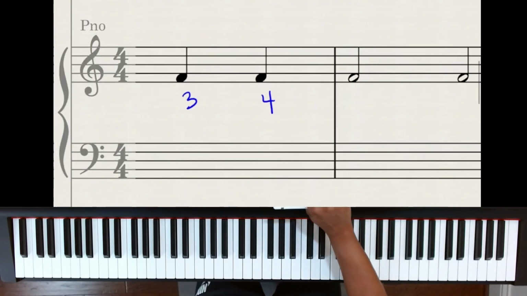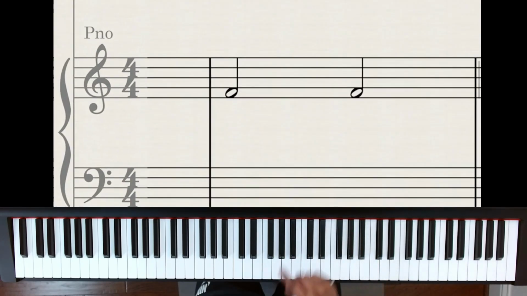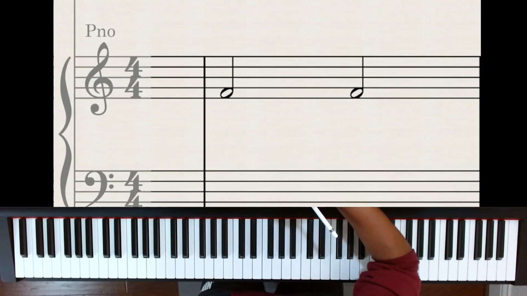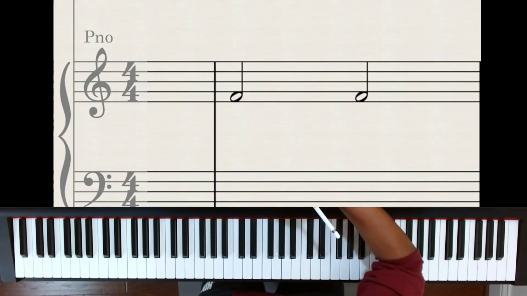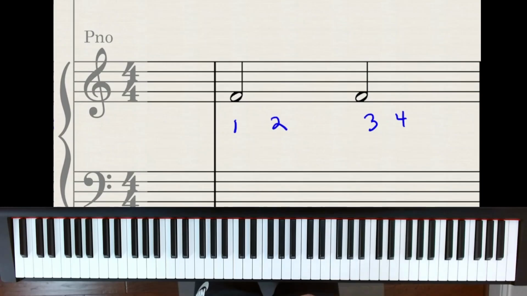Our next example, we now have 2 half notes. So 2 half notes equals 4 counts. The first half note gets beats 1 and 2, and the second half note gets beats 3 and 4. So we have 1, 2, 3, 4.